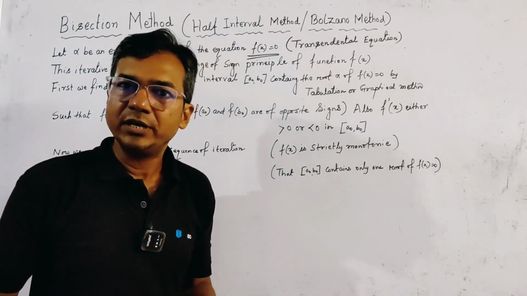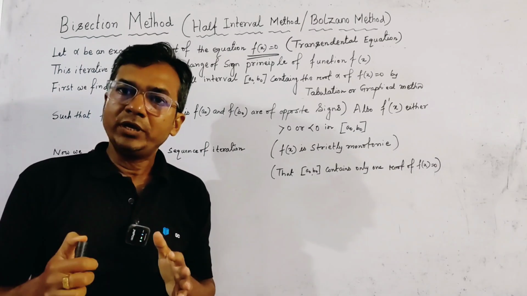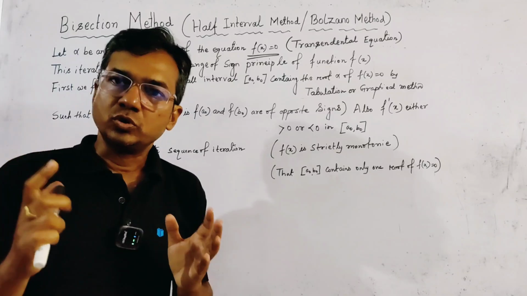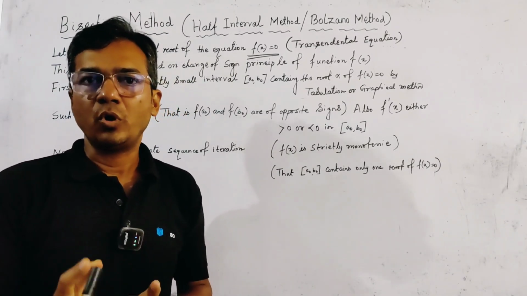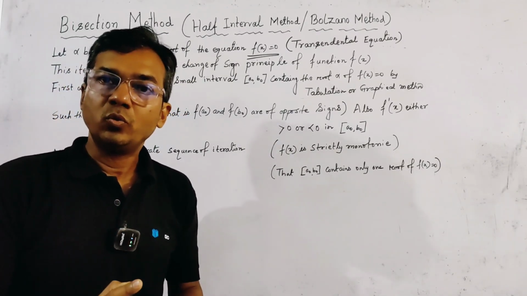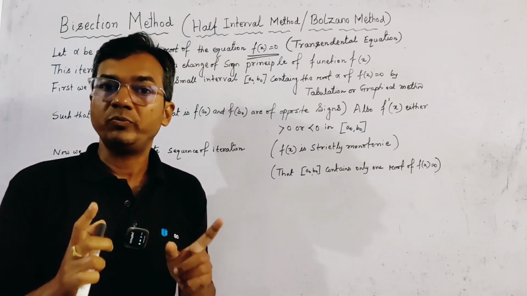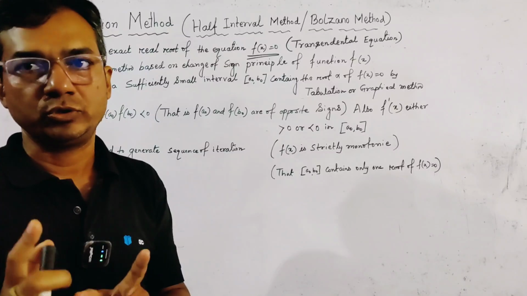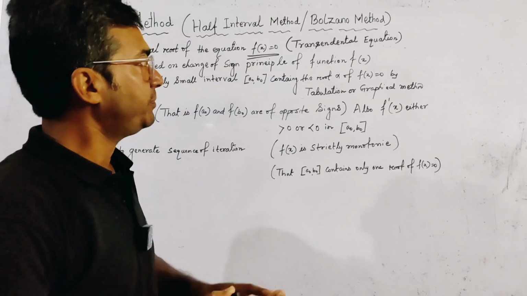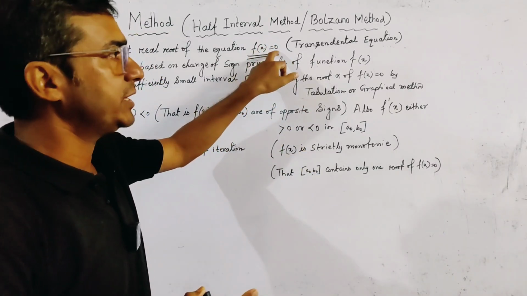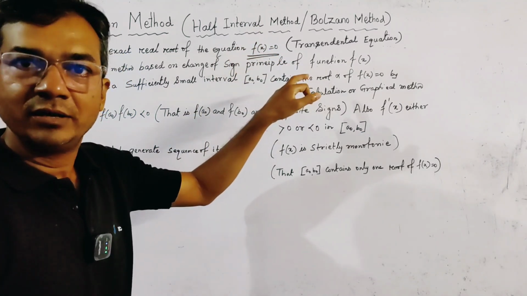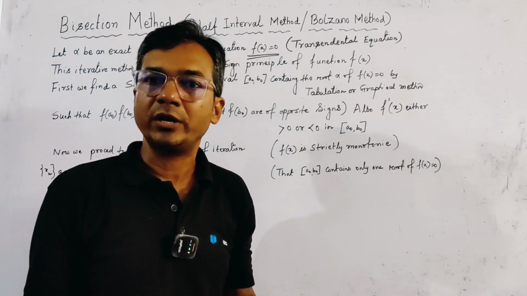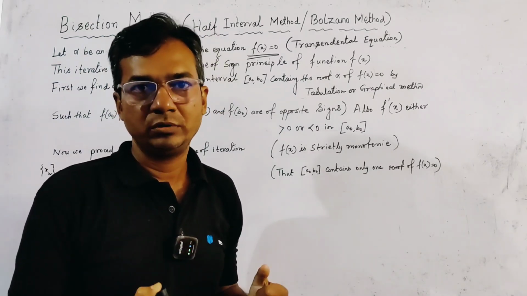Why a transcendental equation? We use any numerical method to find the approximate root of an equation when we are not able to find the root by traditional methods. If the equation is algebraic, then we can find the root by any traditional method we already know.